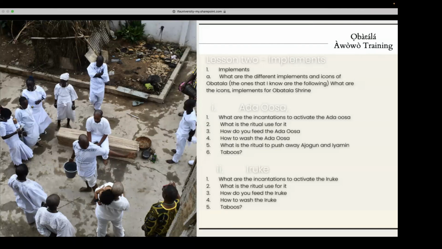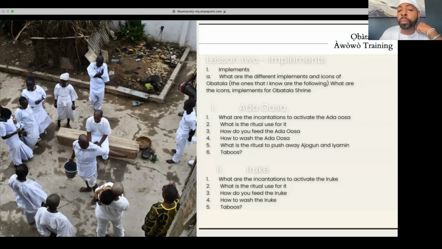Make sure the person is shaking the Ada, so that Iku, death, will be driven away by it. It will drive sickness and disease away. That is the meaning of it. So it serves as a sacred instrument to drive away evil spirits, and at the same time you can invite good spirits. Good spirits, you understand?